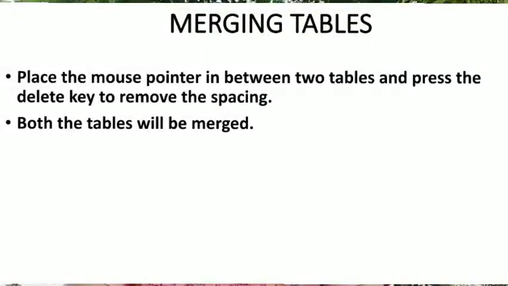Now, how to merge two tables? To merge tables means combining two tables into a single table. We can follow these steps. The first point is to place the mouse pointer in between the two tables and press the Delete key to remove the spacing. If we have two tables, there will be a gap between them.